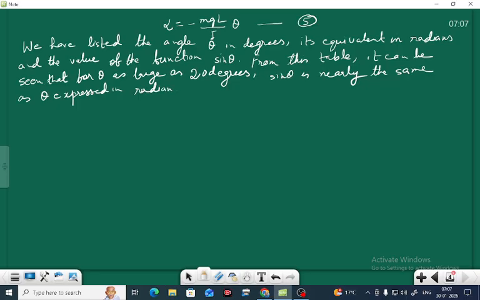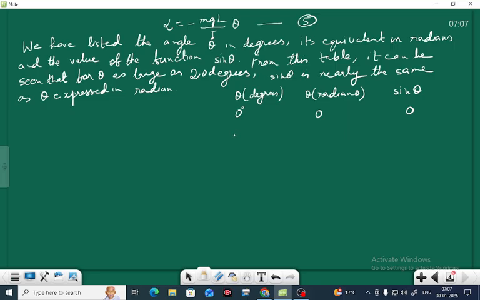Now here is a table. You see theta in degrees and theta in radians, and here you find the value of sin theta. For 0 degrees, the radian will be 0 and sin theta will be 0.